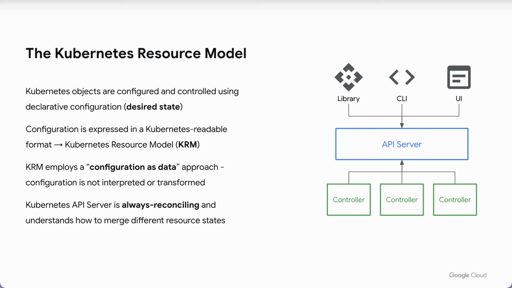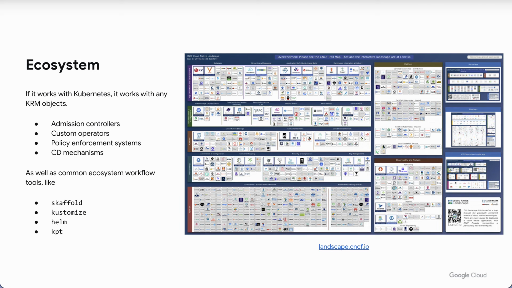But it actually is a model that applies to a lot more than just applications. We can also use it for infrastructure as well. Now, before we get to the infrastructure part, the good news is that for ecosystem usage, if you build and specify your base or your application infrastructure using the KRM approach, it works with anything that can work with Kubernetes, because all of these things fit together.